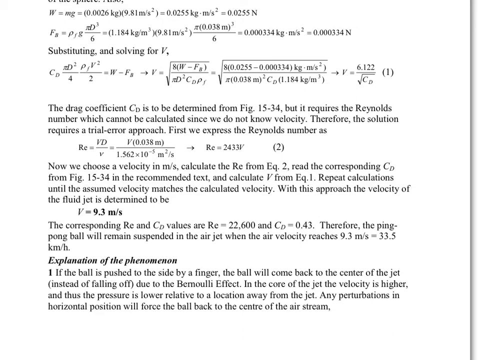What we have is a Reynolds number, which we can calculate without the V. We are going to assume a velocity, and usually what we do is we assume a velocity, in some cases 10 meters per second, or in other cases we can even assume 1 meter per second.